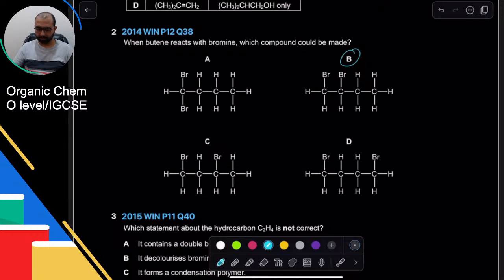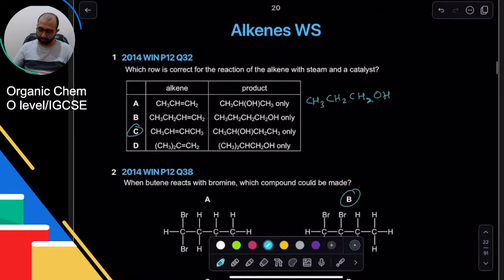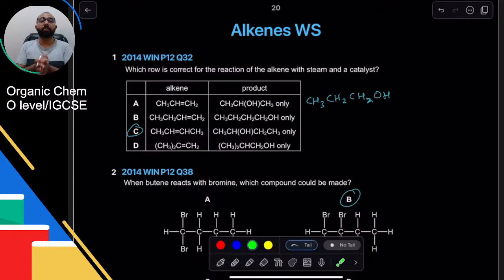Which question, Deepak? The first one? Sure. The idea is that I can put OH and H when I make them react with steam in presence of a catalyst, which means that OH can create isomers depending on which carbon it goes to. If it goes on the first carbon, that is one isomer. If it goes on the second carbon, that's the other isomer. So this one can create isomers.